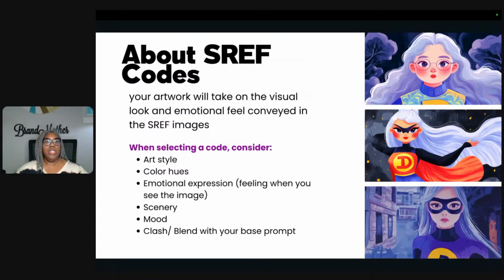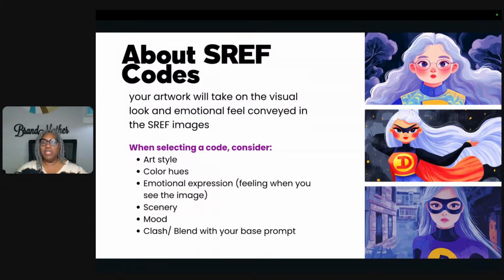Okay, so what you need to know about SREF codes. When you use an SREF, your artwork is going to take on the visual look and the emotional feel conveyed in the SREF images. So that's something you should consider.